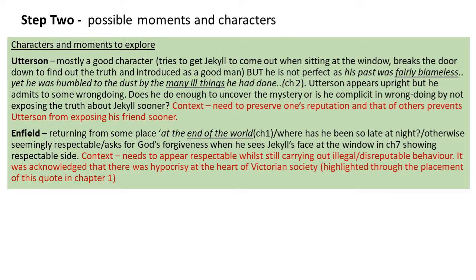It was acknowledged that there was hypocrisy at the heart of Victorian society, highlighted through the placement of this quote in chapter 1. So everything is set against a backdrop of hypocrisy and secrecy, which is an important link to this idea of duality which pervades the novel as a whole. So could you pause the video to make a note of those two characters and the notes I put on the slide?